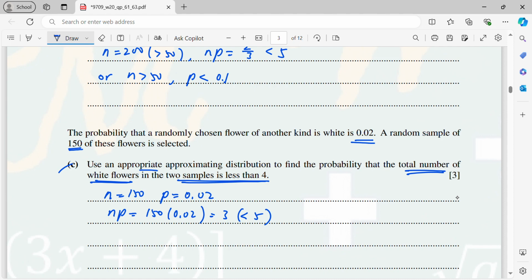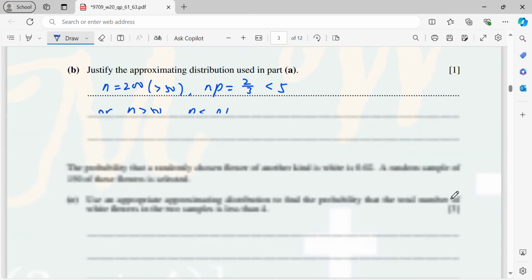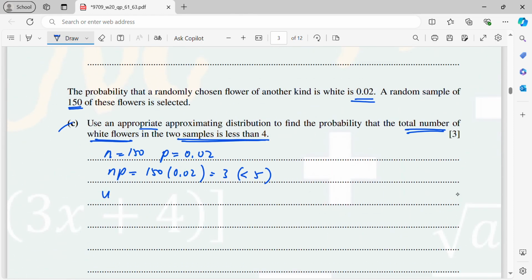Since this is another kind, just now I used x and y. Now here I will use u, initially u is binomial 150, 0.02. Now I approximate to w, that is also Poisson distributed with mean 3. Now the total number means you need to get the distribution of y plus w.